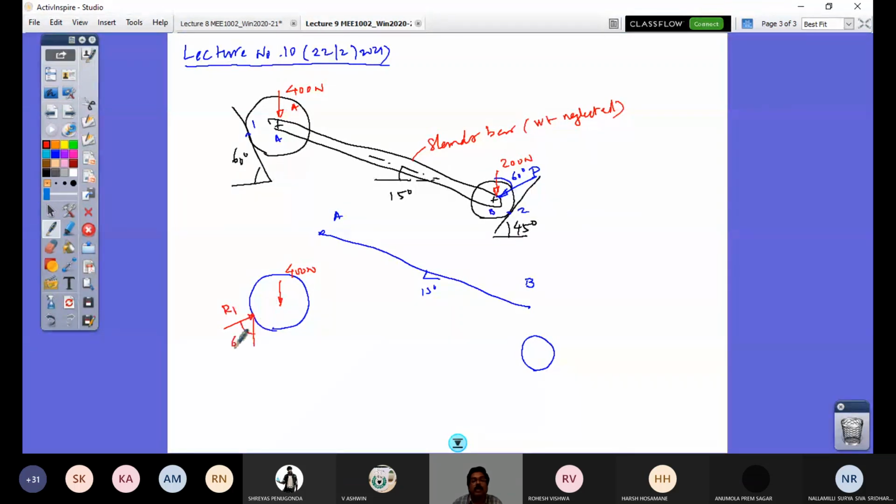You should not have doubt in this. Now I take this AB out. There is no force in the member other than axial. That's why it's a slender member: it is an axial member, and an axial member always has force along its axis. So this member AB is a two-force member.